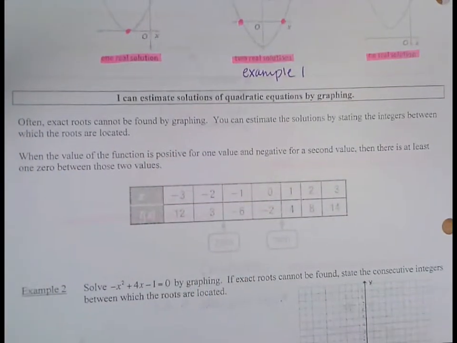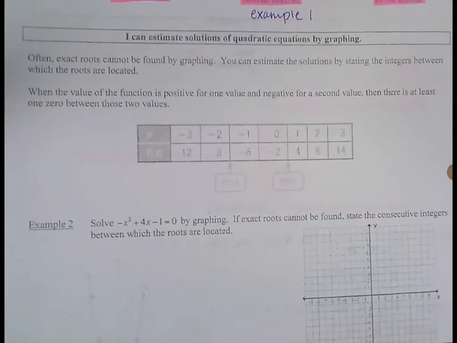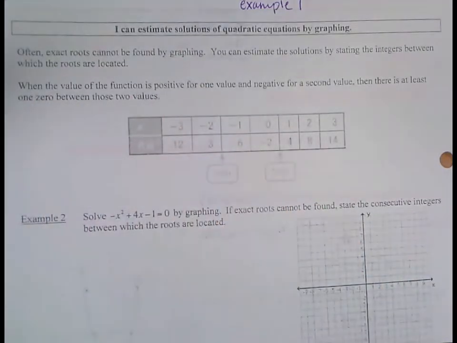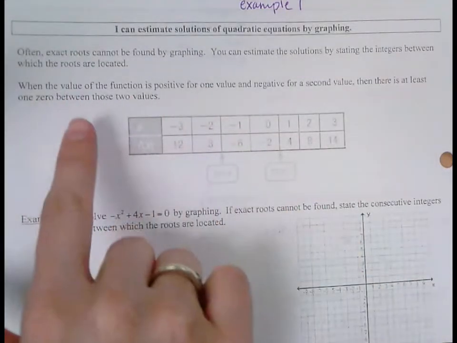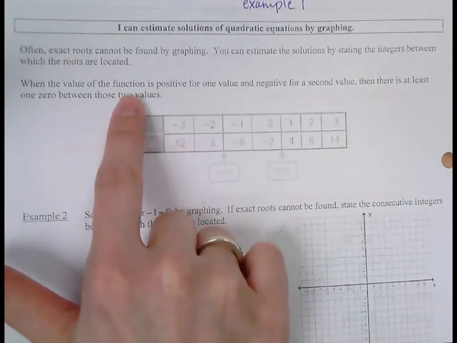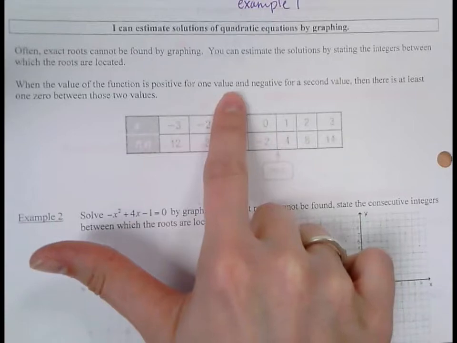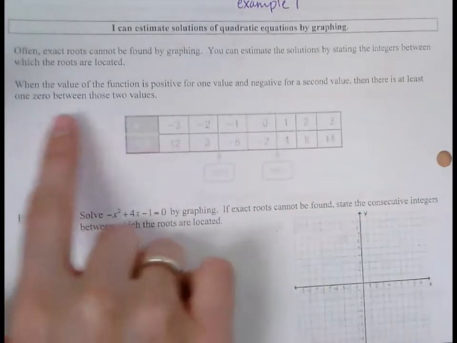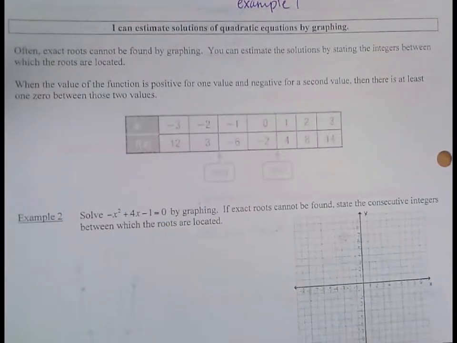But you can estimate the solutions by using the integers between which the roots are located. So what this table is showing and what is said above, it says when the value of the function, this means the y value, is positive for one x value and negative for a second x value, there's at least one 0 between the two values.